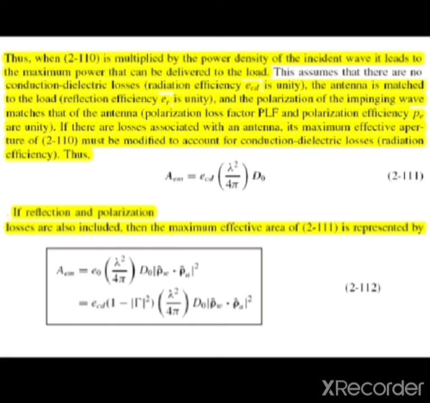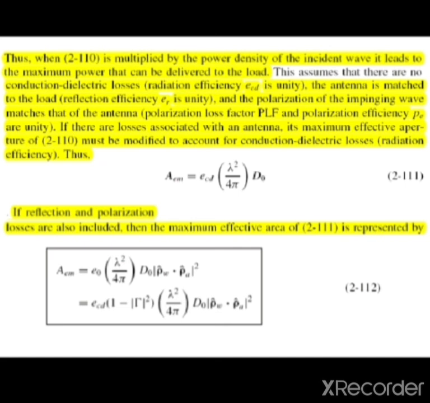generally used to take, AEM is equivalent to ECD into lambda square by 4 pi into d naught. Okay. Now if the reflection and the polarization losses are also included, then the maximum effective aperture area, rewriting the above equation, is like this: E naught into lambda square by 4 pi into d naught and rho w and rho a whole square.